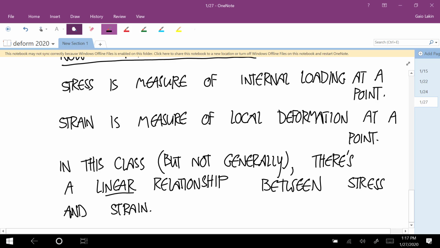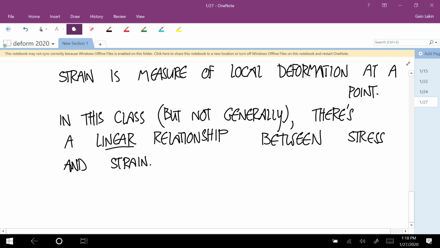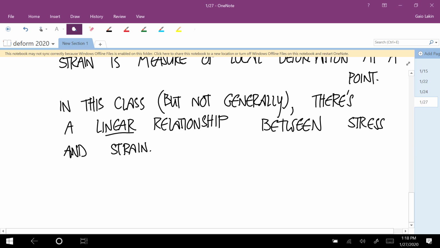So this is going to be a really important assumption for us: you're dealing with a material and loading and deformation ranges where these two things are proportional in some way. That's called a Hookean relationship.